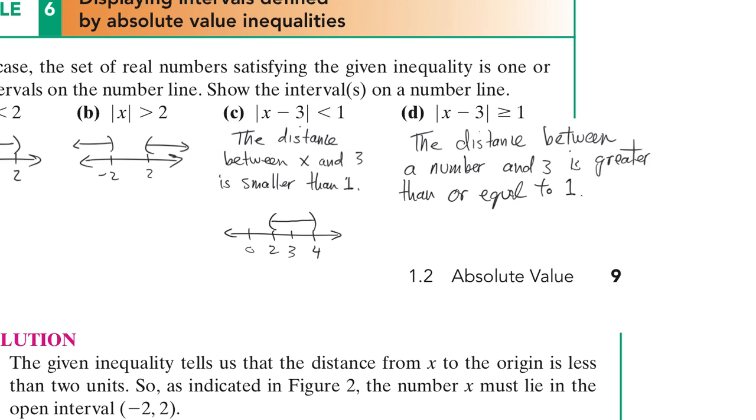And if we graph that, here's 0, here's 3, and a distance of 1 means that it could be 2 and it could be 4. And we're looking at brackets here because we are including 2. And it's going to be going that way. And so that has a distance greater than 1 from 3. And if we go this way, all these have a distance greater than or equal to 1 away from 3. And so those are the disconnected graphs for that statement.